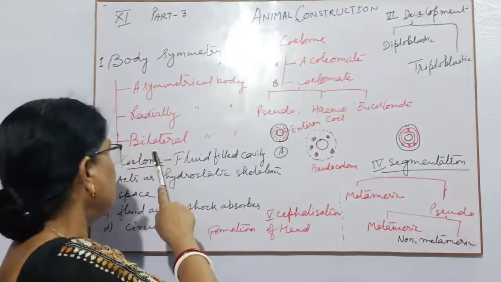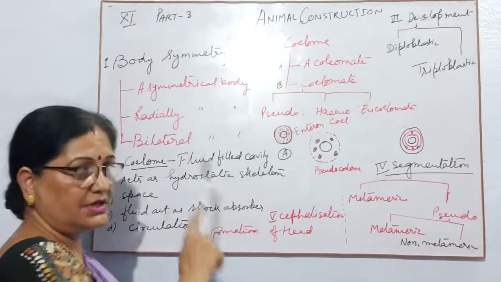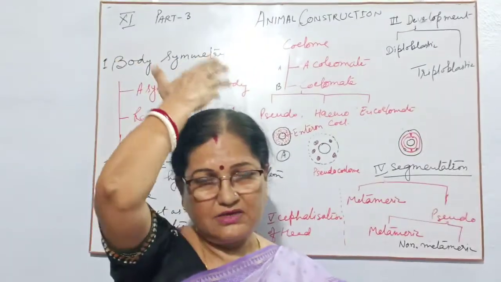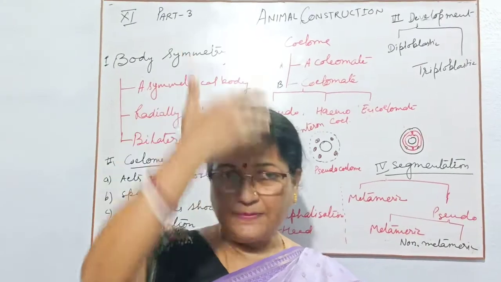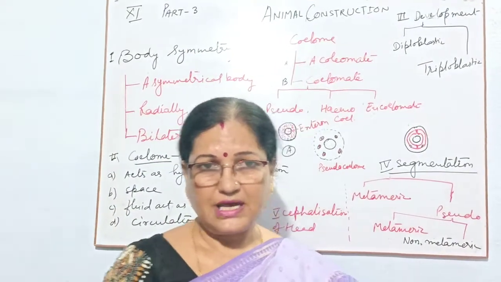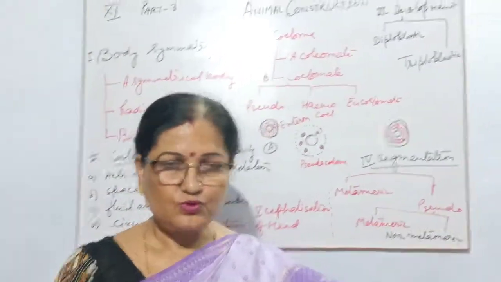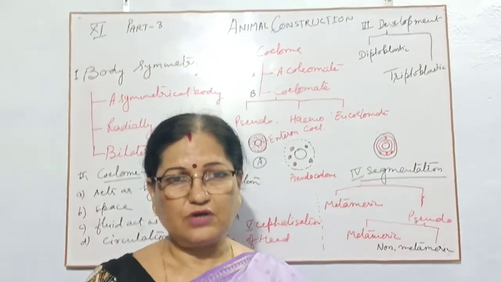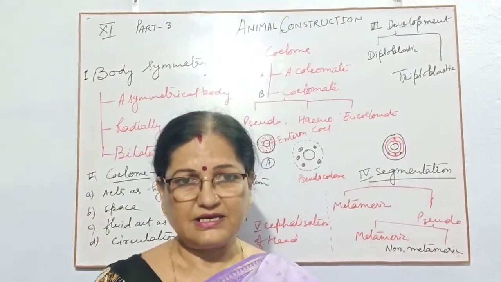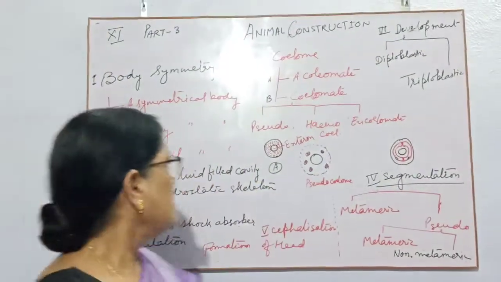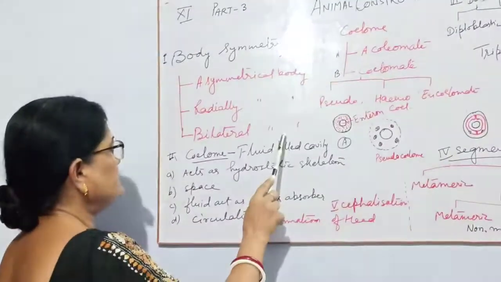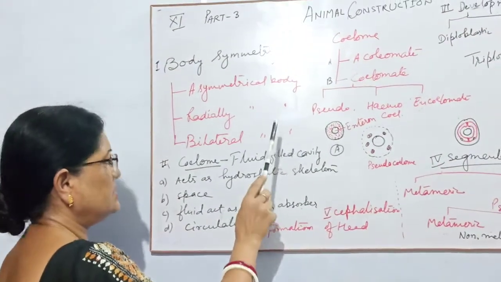Human beings have a bilaterally symmetrical body. If we cut our body from our head portion up to the last part of the abdomen, then our two parts can be divided into two equal halves. That is the mirror reflection. This is known as a bilaterally symmetrical body.